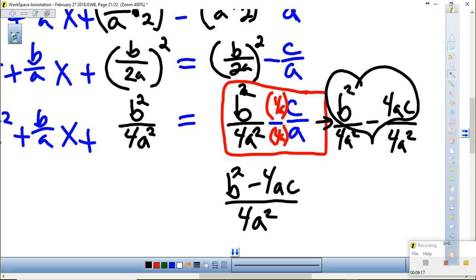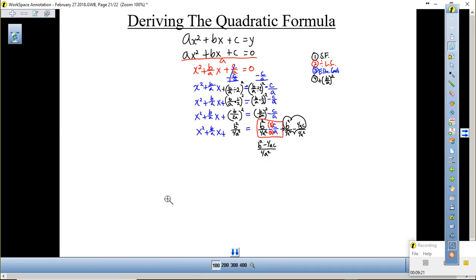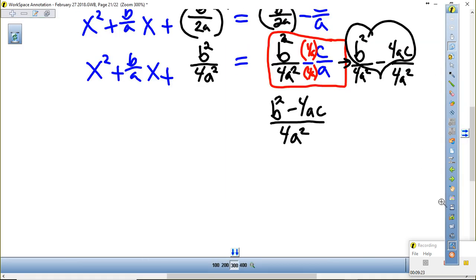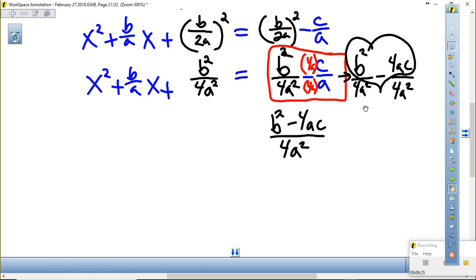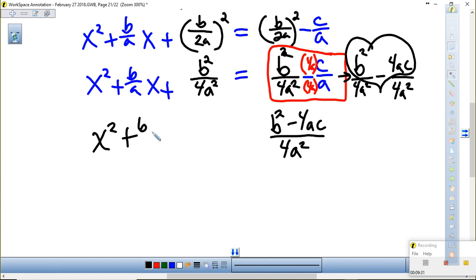Okay, let me zoom out. Okay, so I simplified this side, so that means I'm going to bring all this down. So I bring x squared plus b over ax plus b squared over 4a squared, and all that equal to that. Whew. So far, so good?